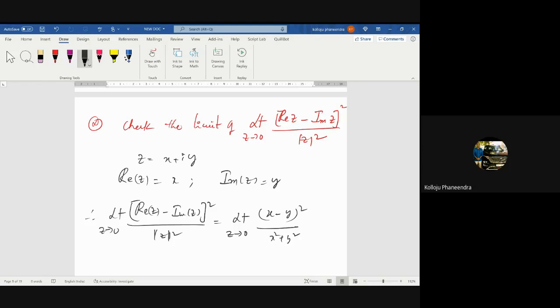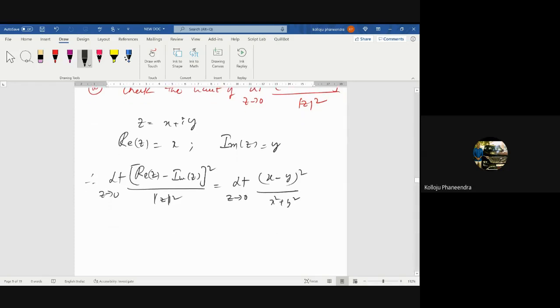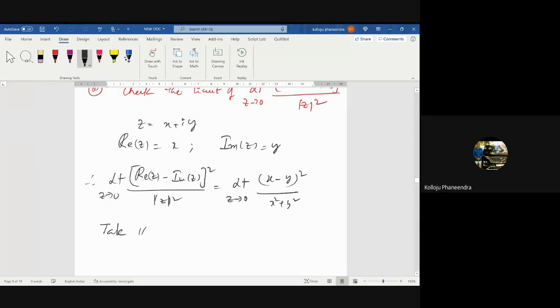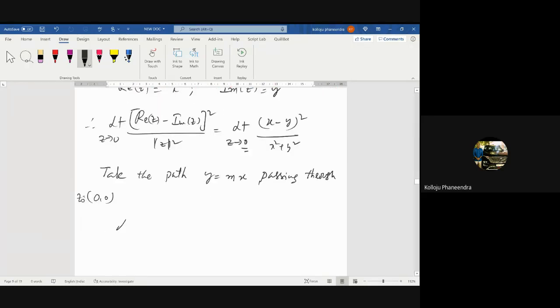Consider z tends to 0 along a path. Take the path y equal to mx, passing through the origin, passing through z naught. Then this becomes limit of (x minus mx) whole square by x square plus m square x square.